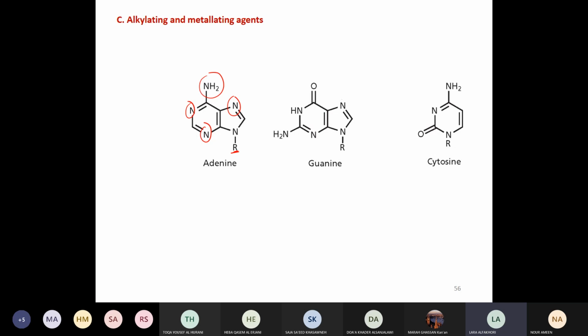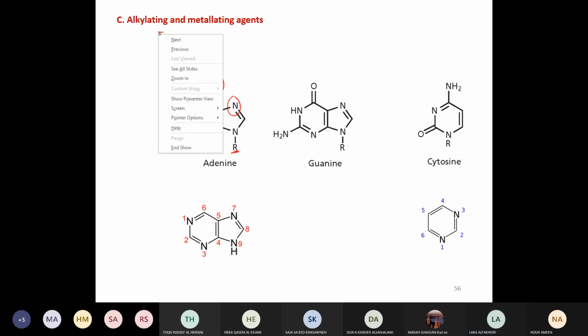Which of these nitrogens would be least expected to form covalent bonds or interact with alkylating agents, which by nature must be electrophilic? We said the nucleic bases are the nucleophilic ones, so alkylating agents are the electrophilic ones.